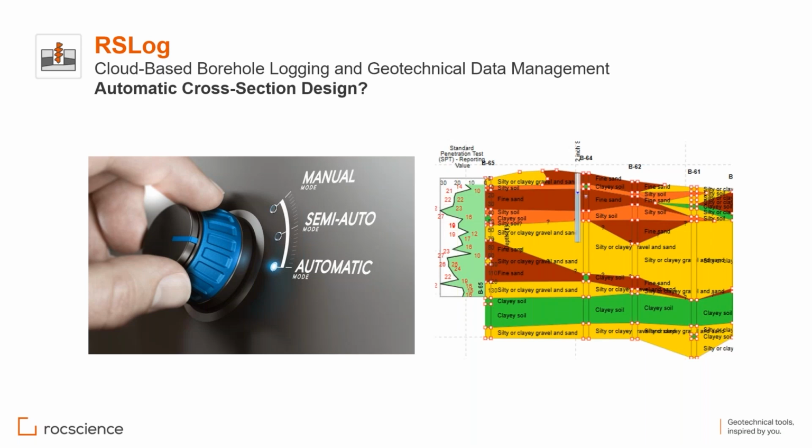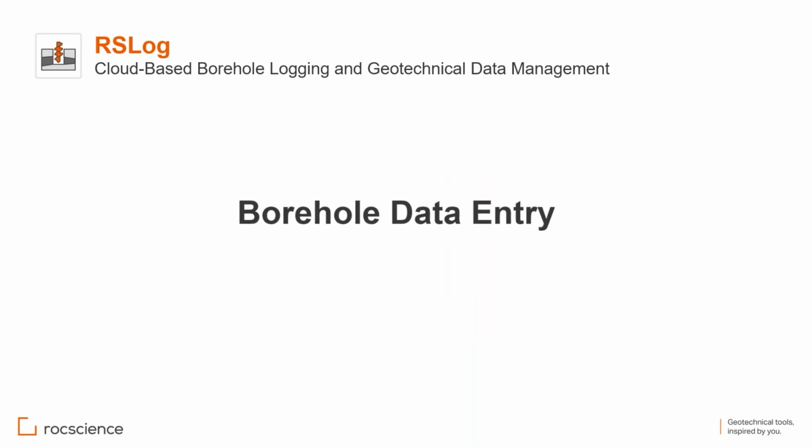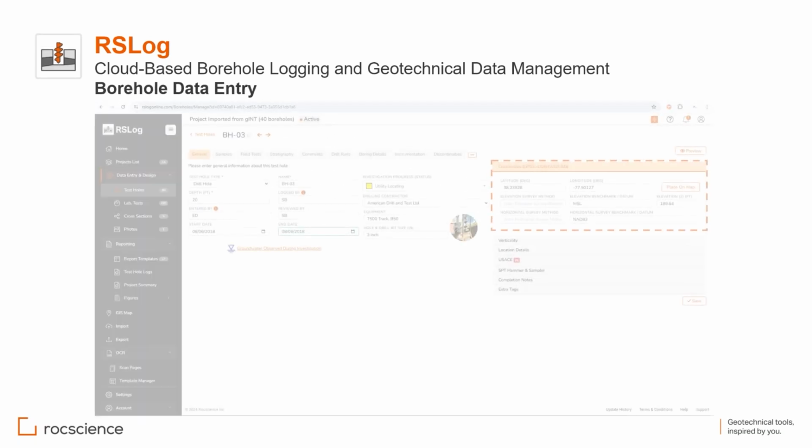I think we should combine engineering judgment with your local geology knowledge and your experience to design the cross-section. What we do in the RSLog cross-section designer module, we just give you some geotechnical tools to make it easier for you to design the cross-section.